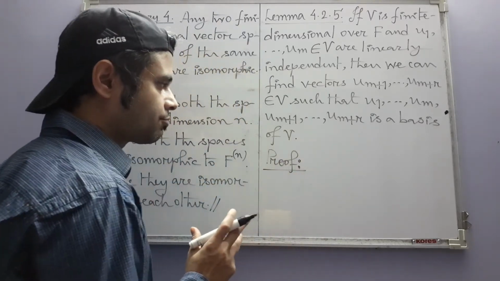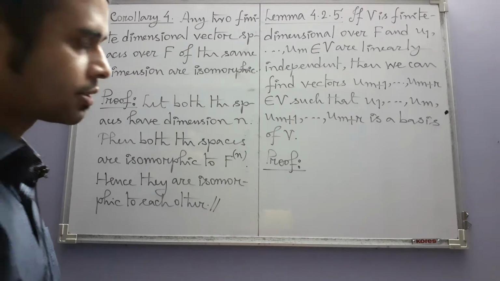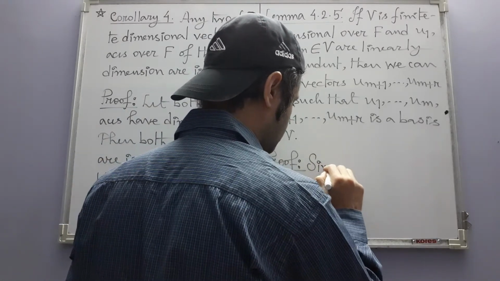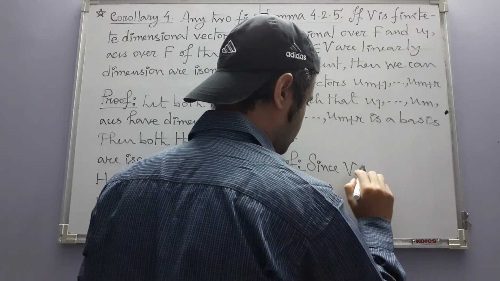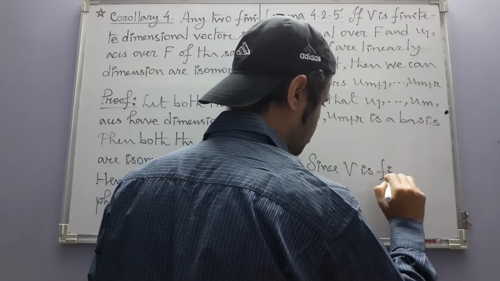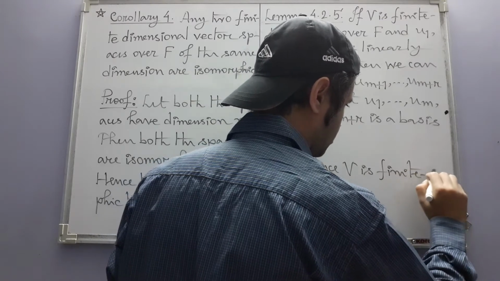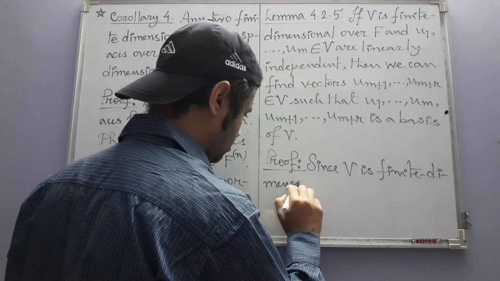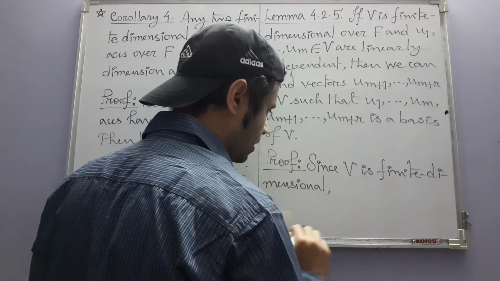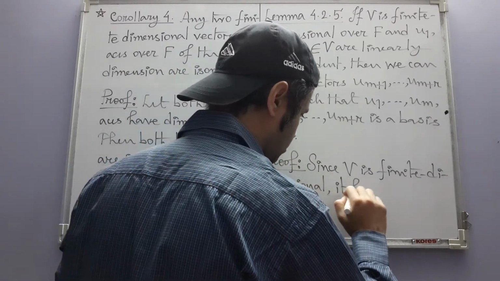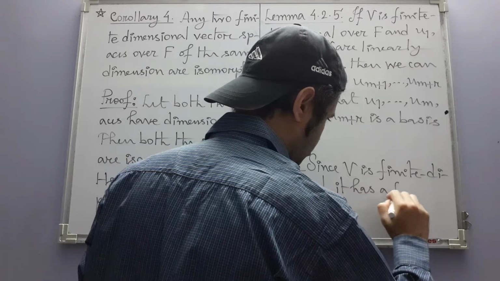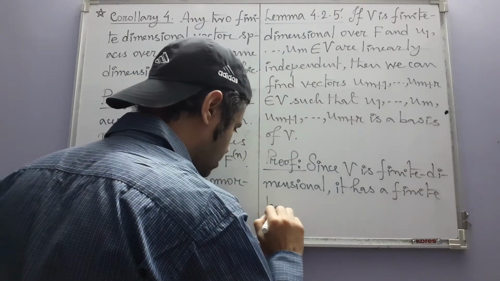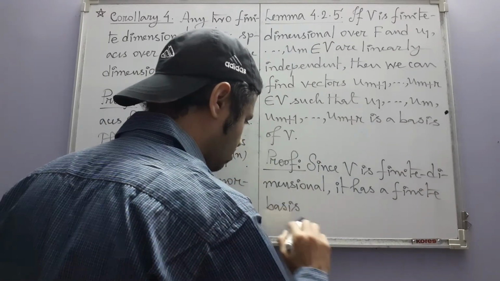So we start off with the fact that V is finite dimensional, so it will have a finite basis, since V is finite dimensional. It has a finite basis.